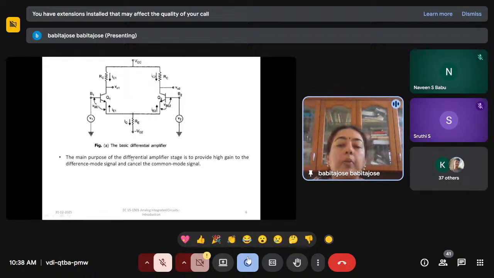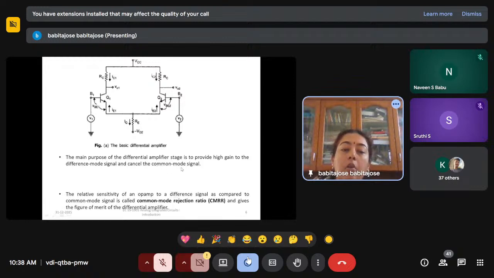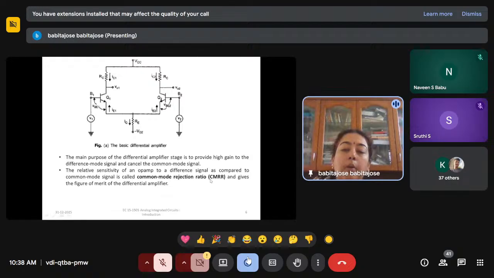So the main purpose of the differential amplifier is to amplify the difference mode signal and cancel the common mode signal. So that's what is called common mode rejection ratio, CMRR. This also you must have heard about. What is CMRR?